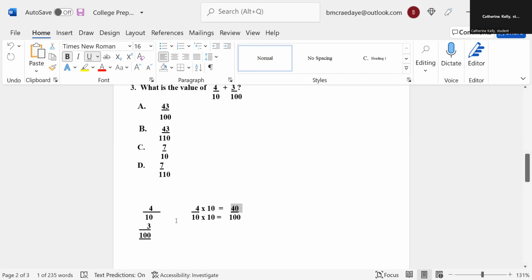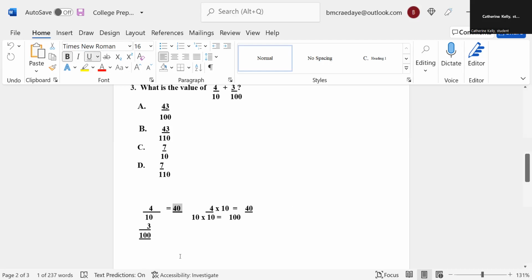Now, that means the 4 over 10 is 40 over 100. So now you're adding 40 over 100 and 3 over 100, right?